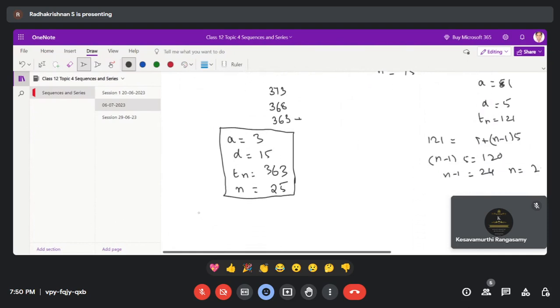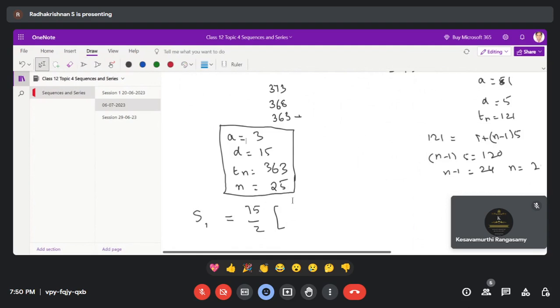Let's call it as S1. What is S1? 75 by 2. Tell me, 75 by 2 into 2 into, first term, what is A? A is 3, sir. Yeah. So you don't put 2 into 1, just 3.